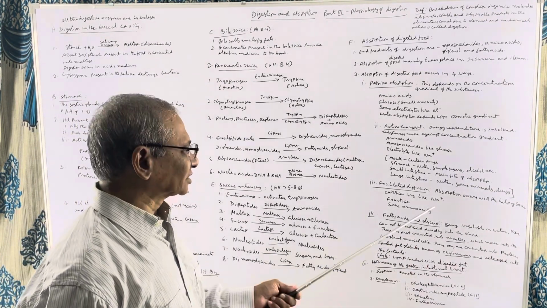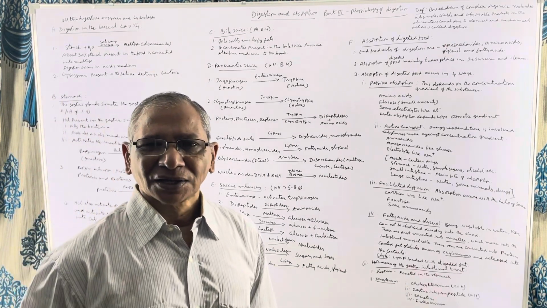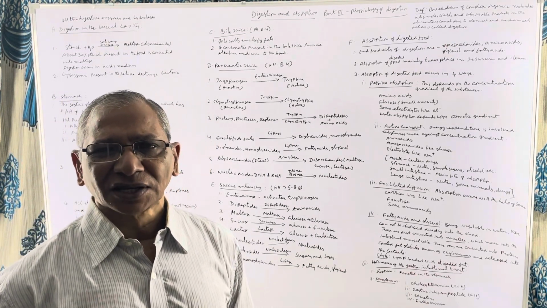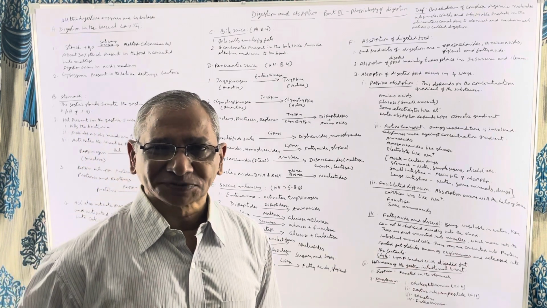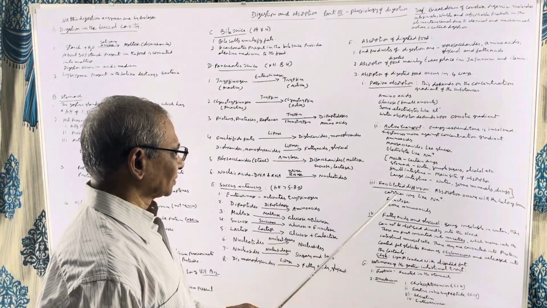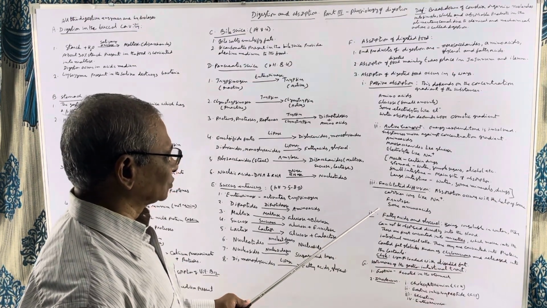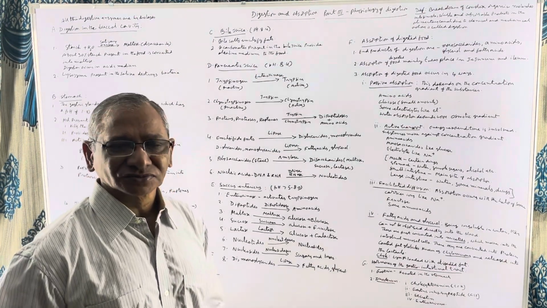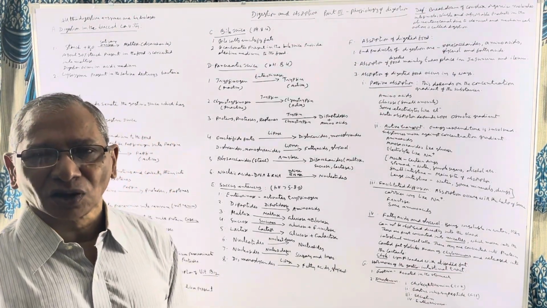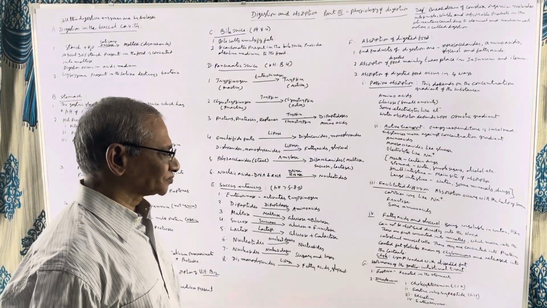Sodium ion participates in facilitated diffusion. Remember, facilitated diffusion involves no expenditure of energy. Then what are the substances transported through facilitated diffusion? Fructose and some amino acids.